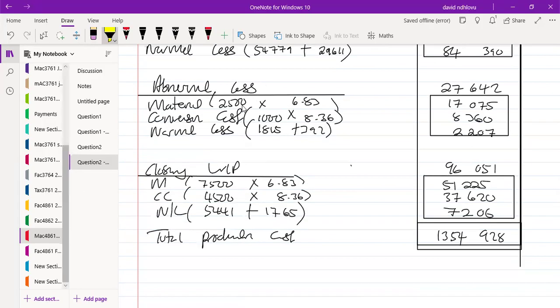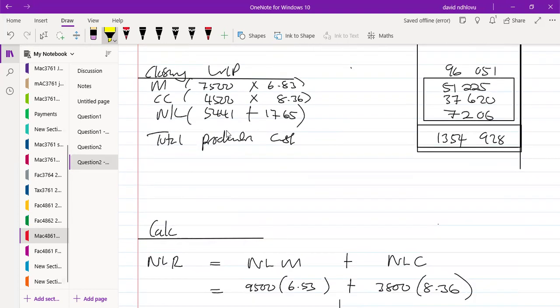Let's look at this one. We said abnormal loss material, 500 by 40, that gives us the figure. That looks correct.